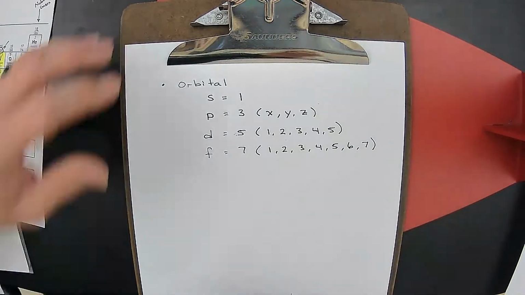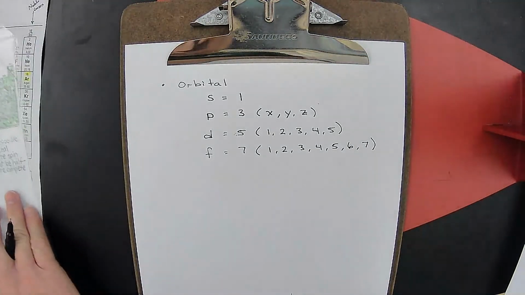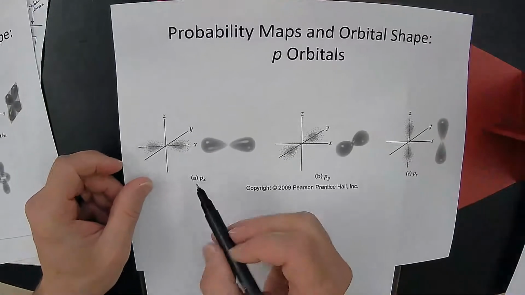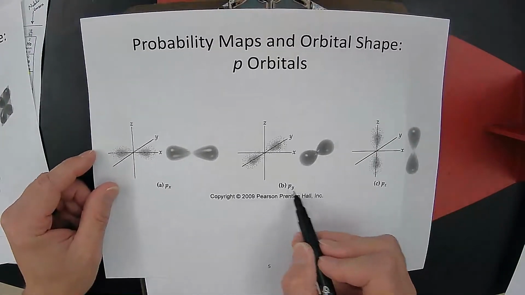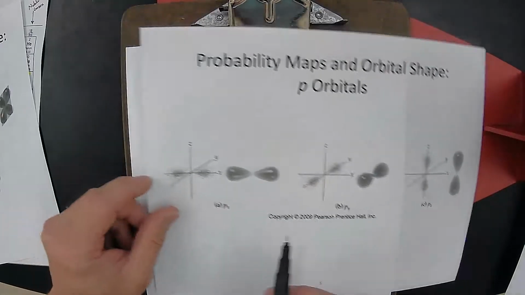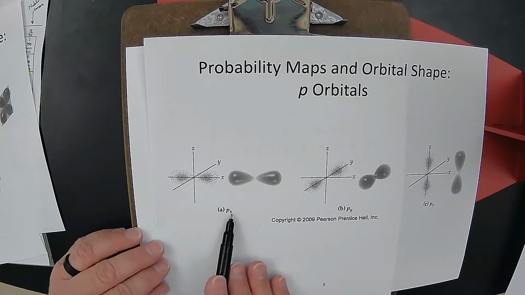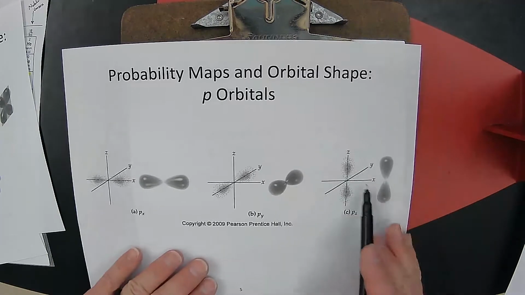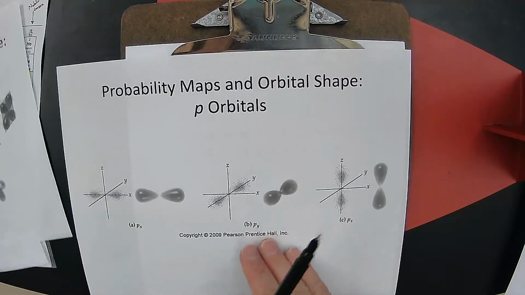Now, technically, when we look at these, the p orbitals are labeled as px, py, pz, conveniently identified by the axis in which they are running along or located.